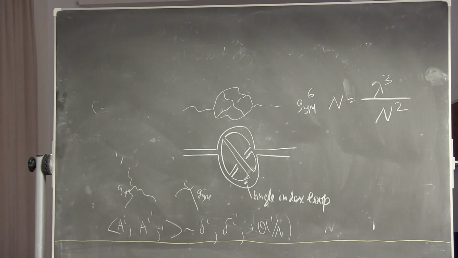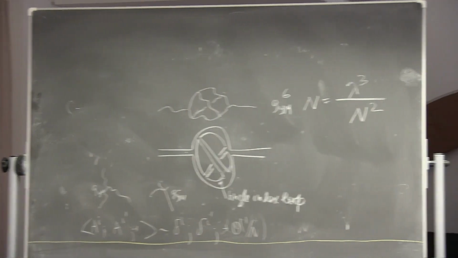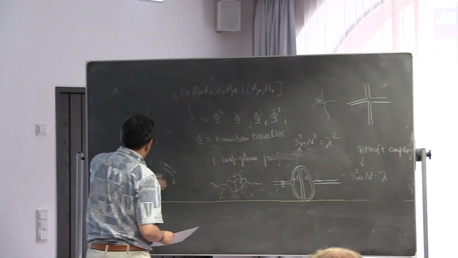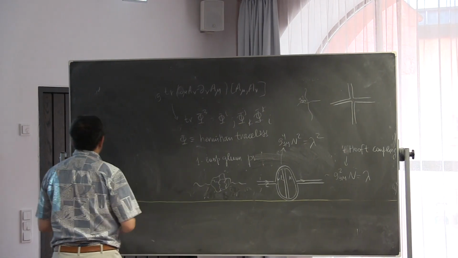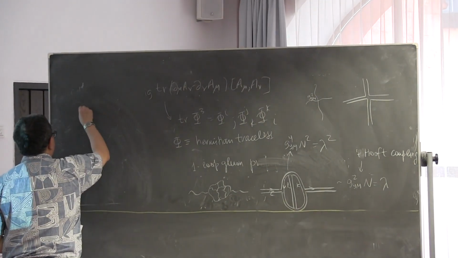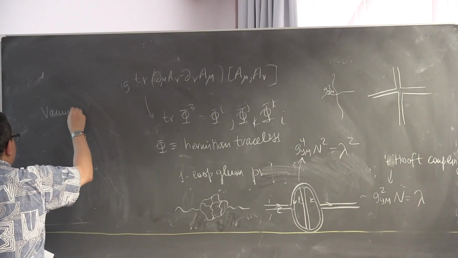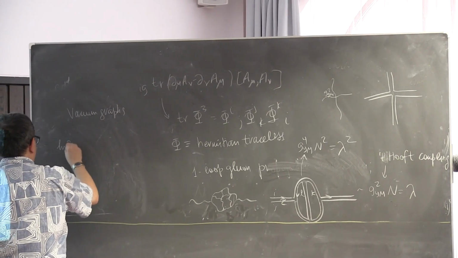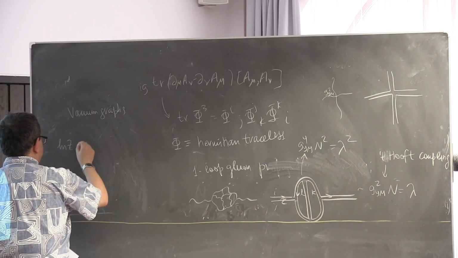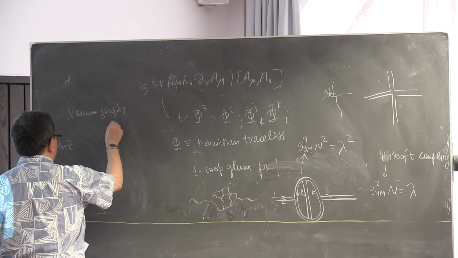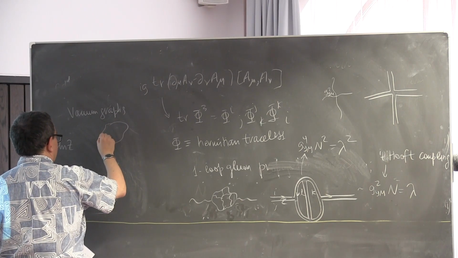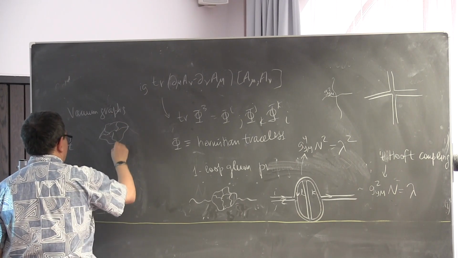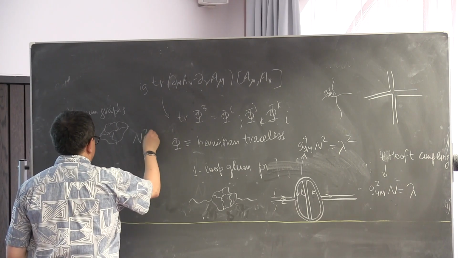If you draw vacuum graphs, where we just have log Z, then you see that, for example, any planar graph like this one, or anything here, contributes N squared.